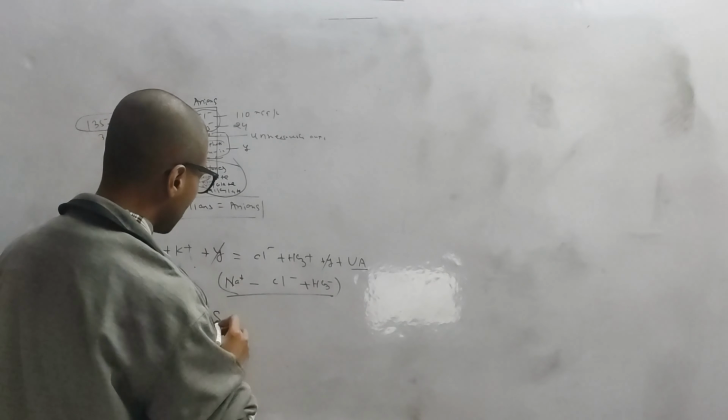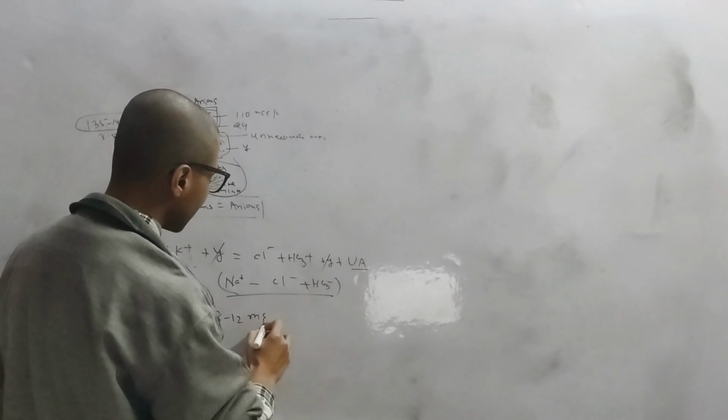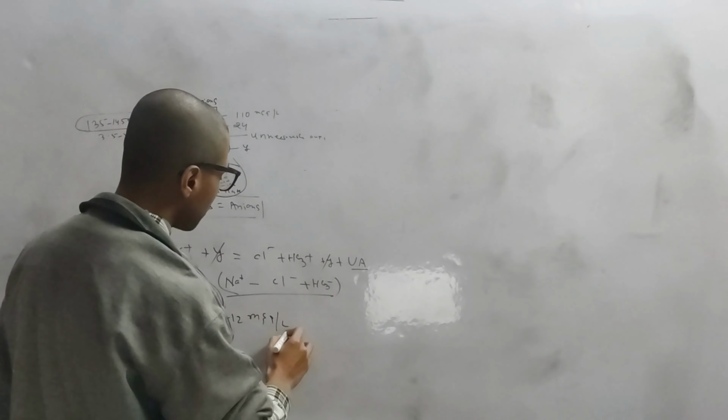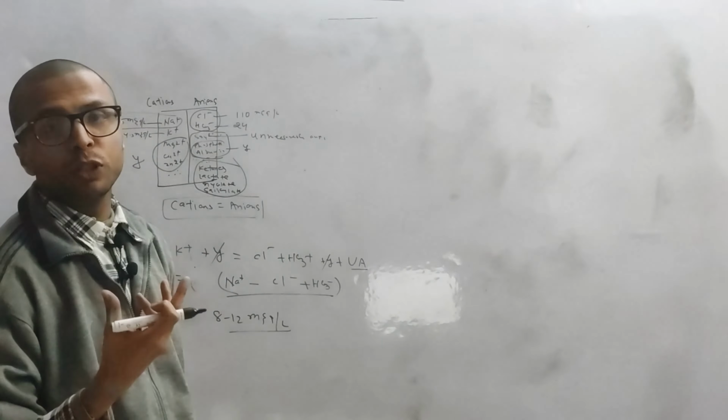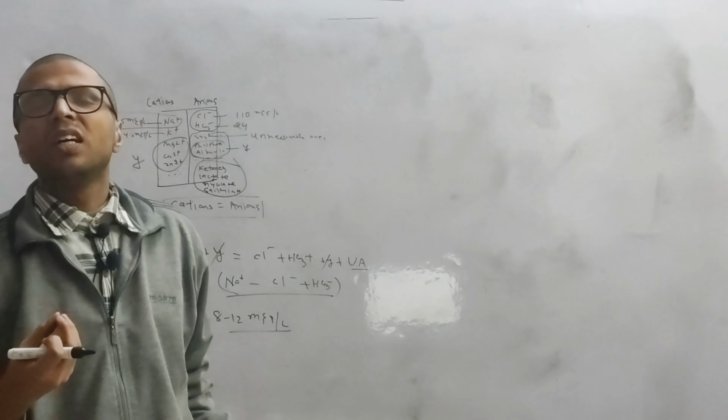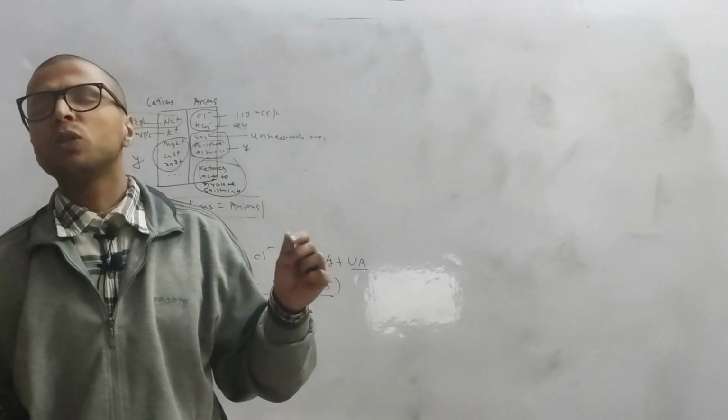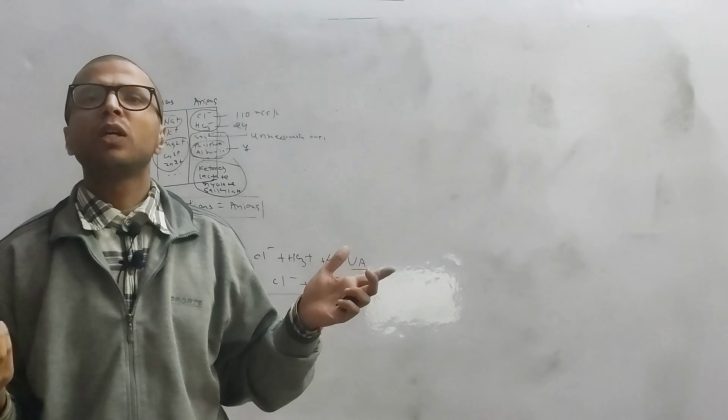Normally it is about 8 to 12 MEq per liter. So this is the normal. If you measure the anion gap in my blood, it will be about 10 MEq per liter, because there are a variety of protein molecules and sulfate molecules that we cannot measure with our lab equipment. So this is the normal anion gap, or normal unmeasured anions.